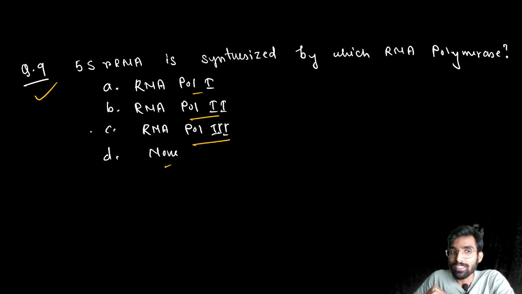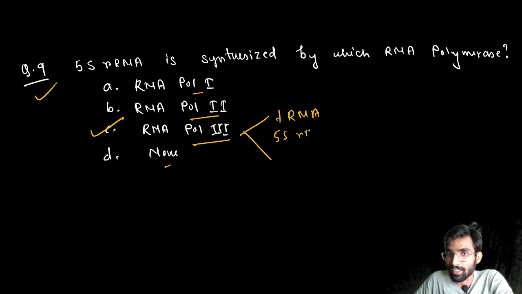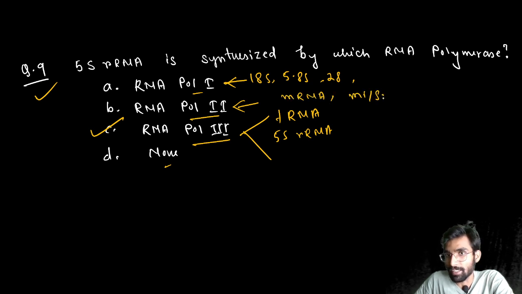The correct option is pol 3. So pol 3 transcribes tRNA and 5S rRNA. The rest of the RNAs, suppose 18S, 5.8S, 28S, are all synthesized by RNA pol 1. And RNA pol 2 synthesizes mRNA and siRNA.